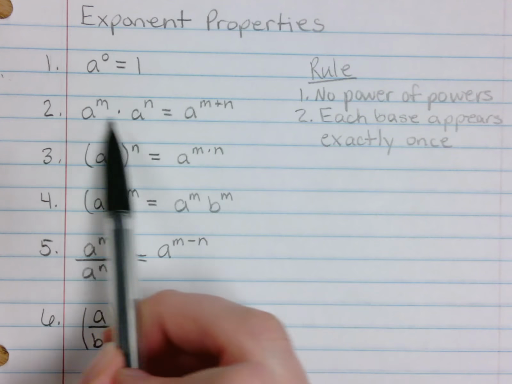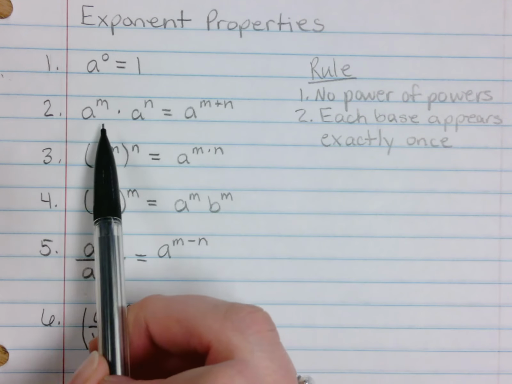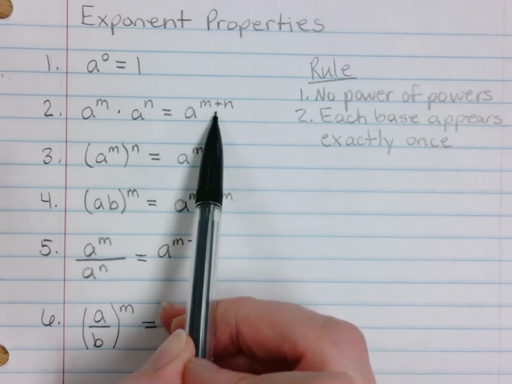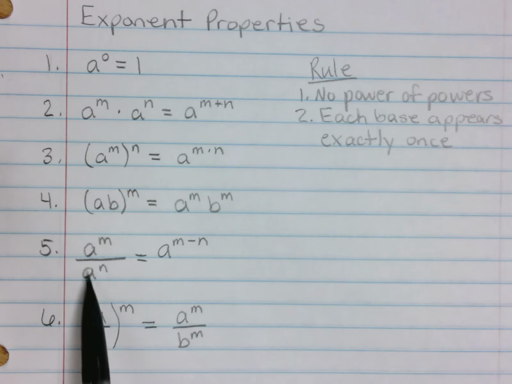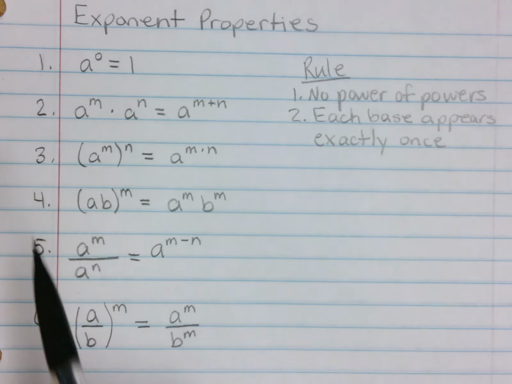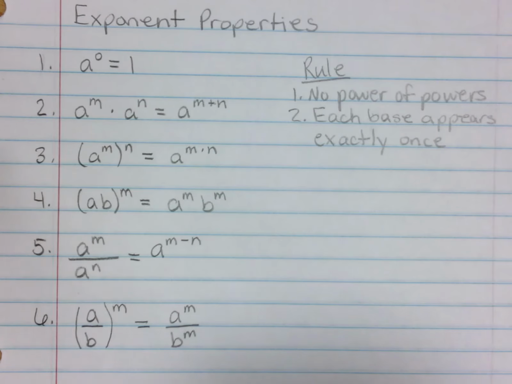Property 2, if we have multiple bases of the same type, we can combine them if they're being multiplied by adding their exponents. Or the same deal here with property 5, if we have the same base that's being divided with their powers, we can subtract their exponents again to simplify. So each base only appearing once, we have some properties to help take care of that.